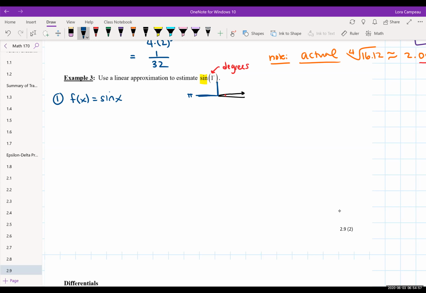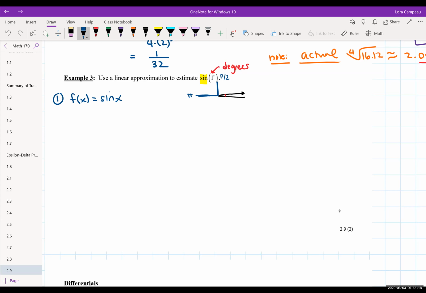And then here we have pi over 2. So 3.14 divided by 2 is approximately 1.57. So 1 degree is really, really close to the x-axis if we were trying to describe this.